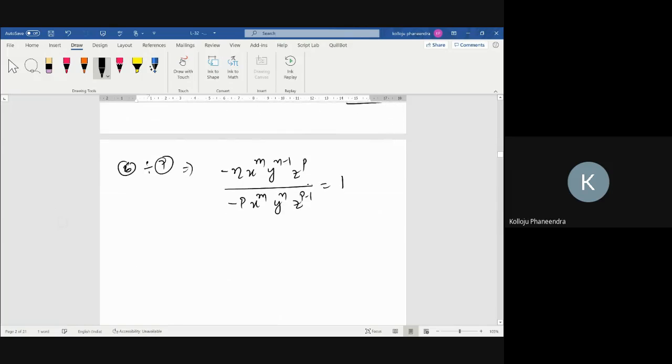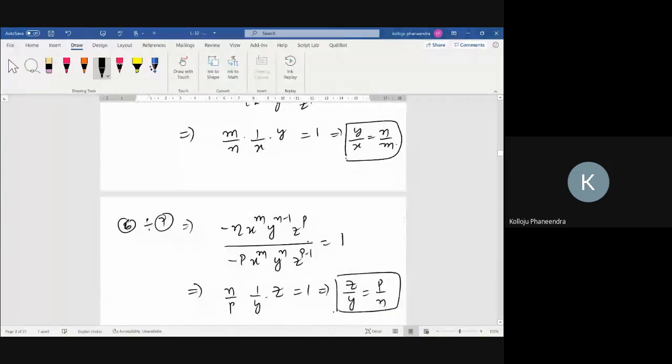This implies n by p, x^m gets cancelled, 1 by y will be there, and z will be there, equal to 1. So z by y equal to p by n.